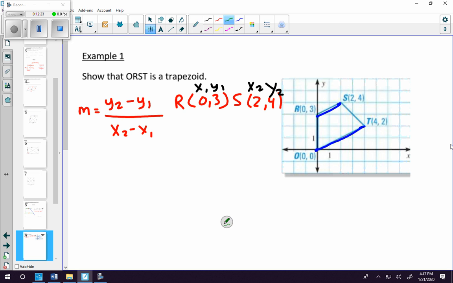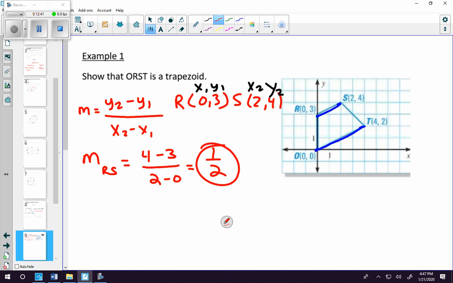Substitute those values in the slope equation. So the slope of segment RS is 4 minus 3 divided by 2 minus 0. When we simplify this ratio, we get 1/2. So 1/2 is the slope of segment RS.